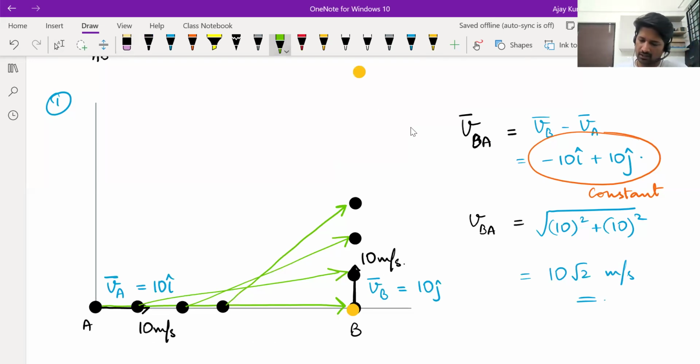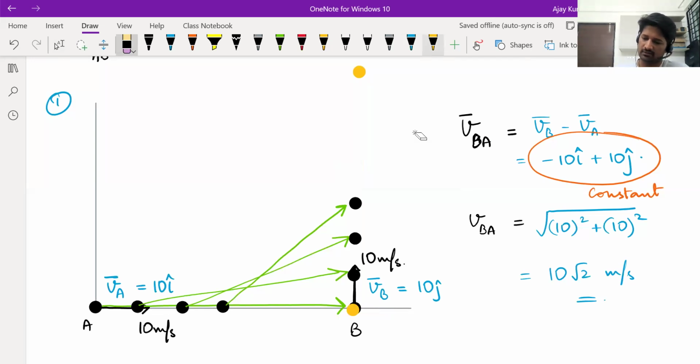Now, if you see how B appears to A, it's like this. This is the distance between A and B, and it has increased. Compare this vector and this one, right? So initially, up to some time, the distance between A and B will decrease, but after some time, the distance between them will start increasing.